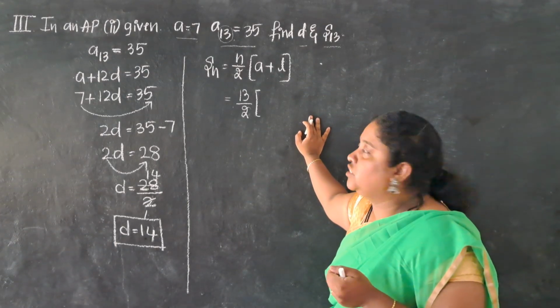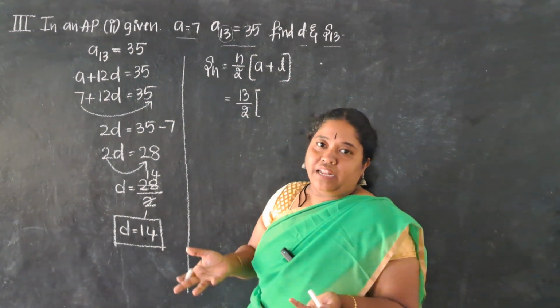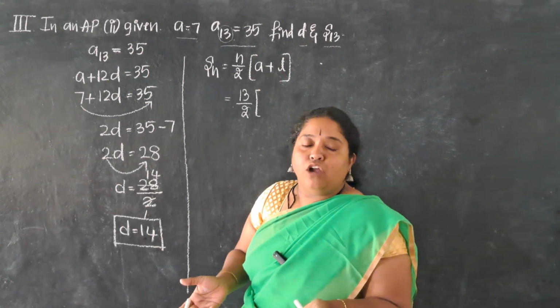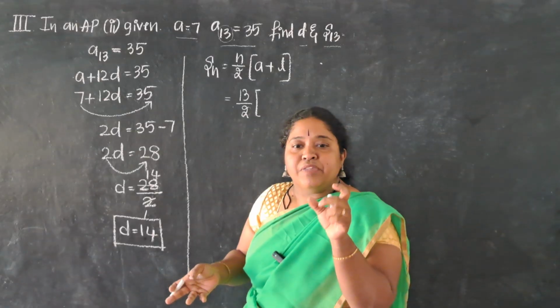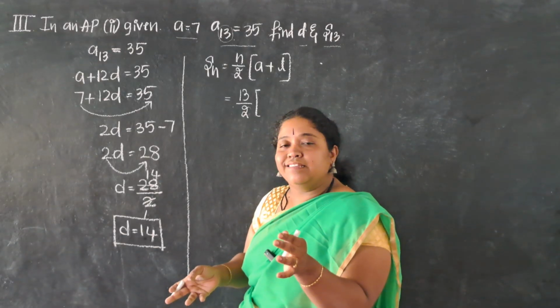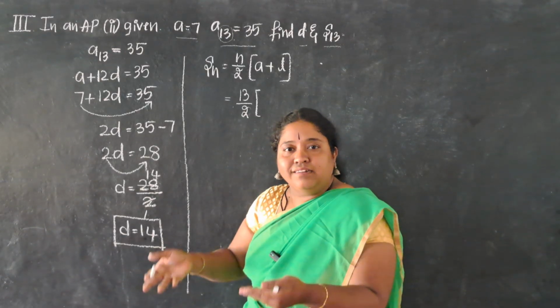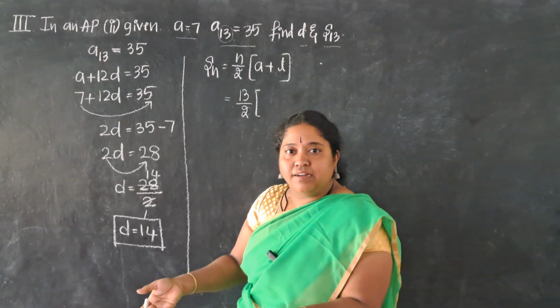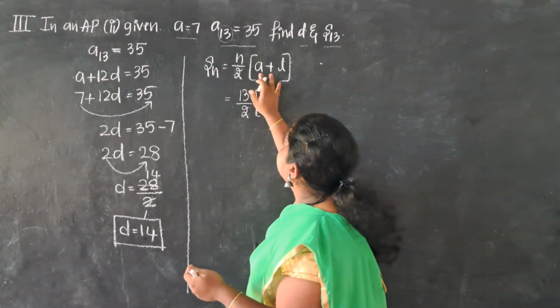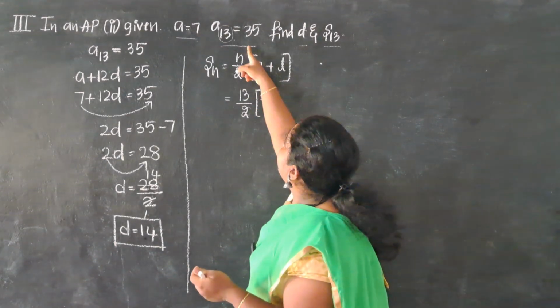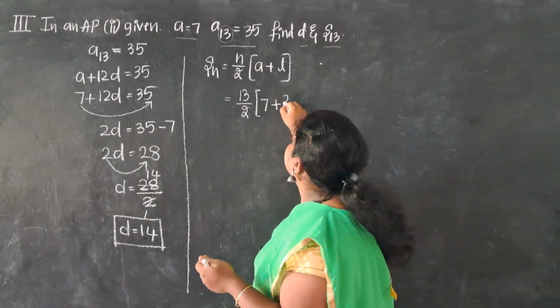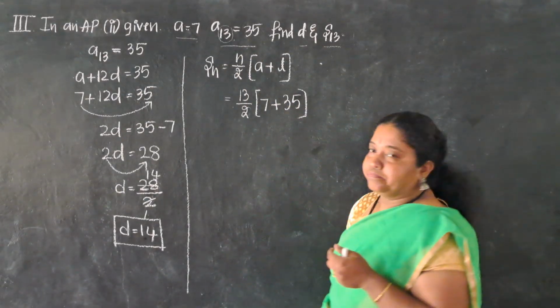Understanding, don't get confused. See, ma'am, where they have given a and a13, don't say like that, because as the arithmetic progression has 13 terms, the 13th term itself will become the final term. Understanding, so the first term is 7 and the last term, that is the 13th term, is 35.